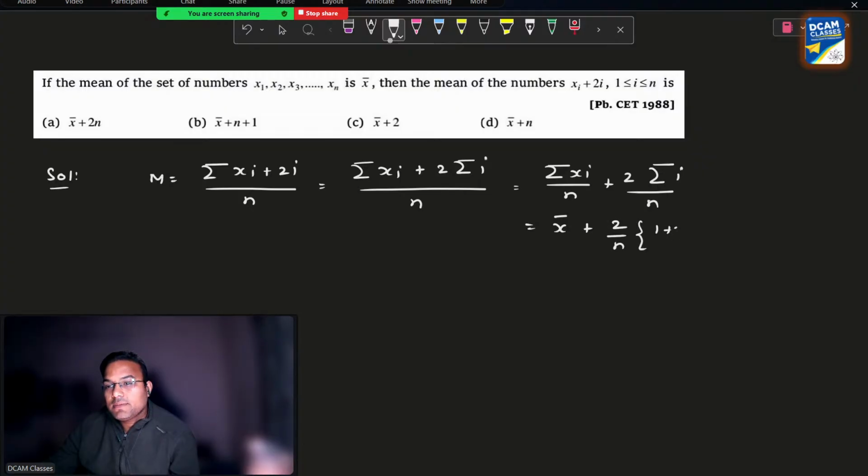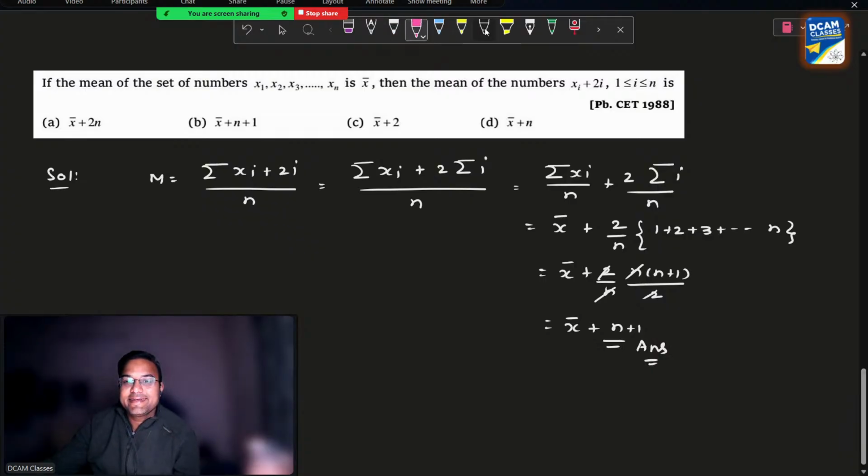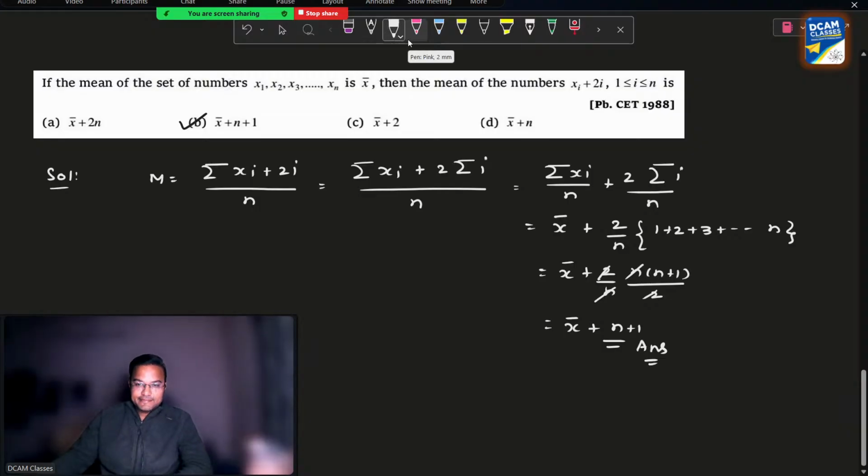This is what? 1 plus 2 plus 3 plus so on up to n. This is what? n into (n plus 1) by 2, na? The sum of the series terms. Correct, na? X bar plus n plus 1. Yes, sir. You had taken just the sum of xis, x bar, I hadn't divided it. You did it very quickly.